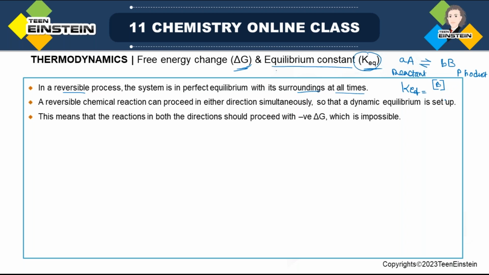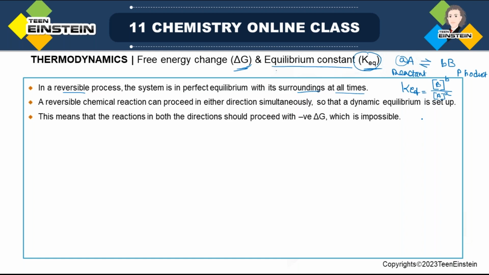If it is more than one, suppose b moles of capital B, c moles of capital C, then you have to write the other product concentration also. But here, for simplicity, I have taken only one product, which is B. And as here the coefficient is small b, that will be in the power, divided by the concentration of reactant. And here a moles of capital A, that means this is the coefficient, so here we will write it in power.